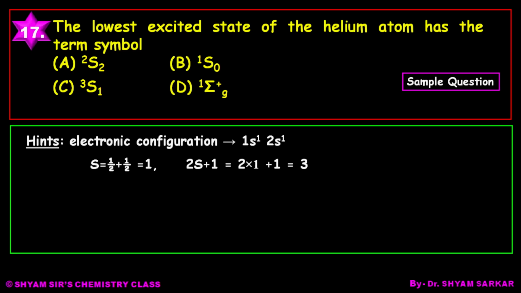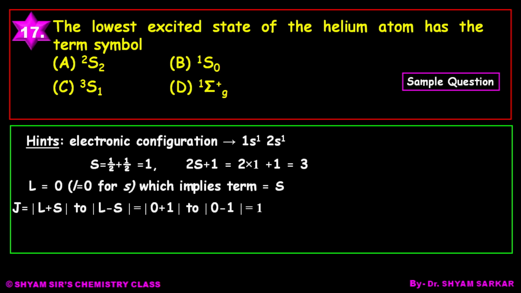Then you have to calculate L. L is 0 here because both the electrons are in the s orbital. So L equal to 0 here. So 0 means you will get the term S. Now you have to calculate J. See, J is L+S to L-S. If you put the value of L and S, you will get the J value is 1. So 3S1 is the correct answer here. So option C is the correct answer.